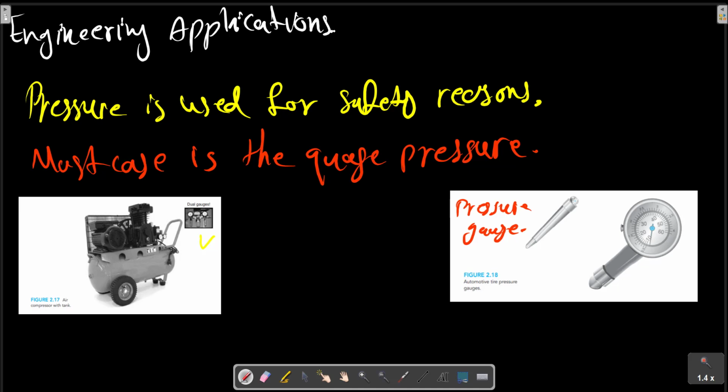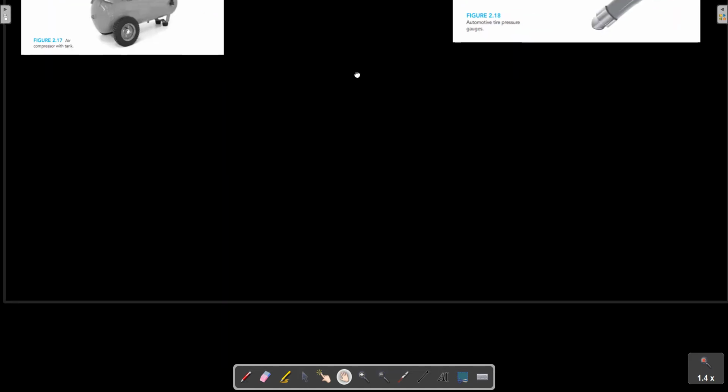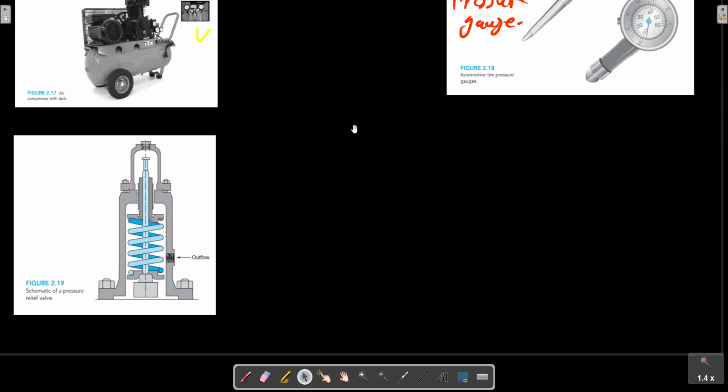A spring-loaded pressure relief valve is shown in this picture with a cap.